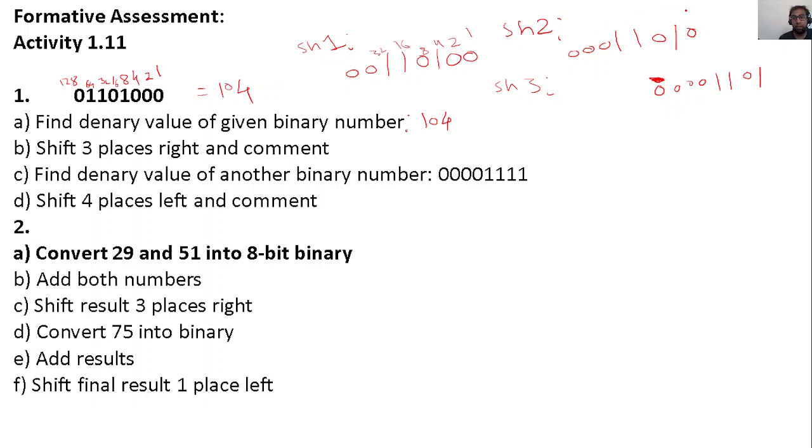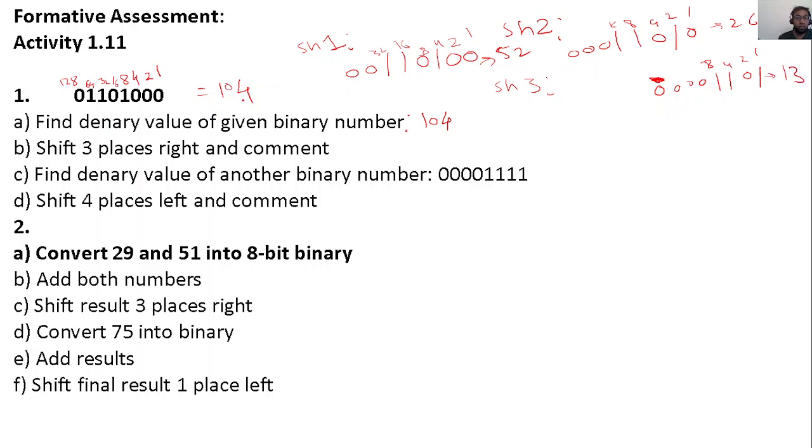Let's try it. 1, 2, 4, 8 and 16. 16 plus 8 is 24, plus 2 gives 26. Half of 104 is 52, half of 52 is 26, and if we shift right again, it will also be halved. 1, 2, 4, 8, the rest won't be added. 8 plus 4 is 12, plus 1 is 13. That gives us the value 13.